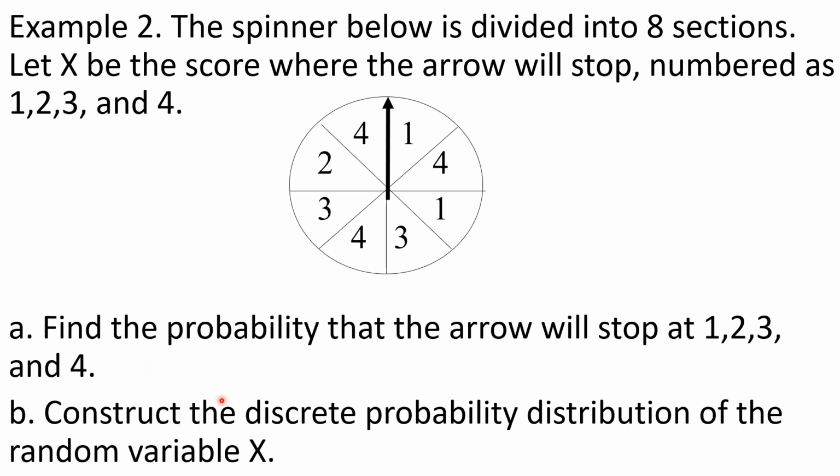B. Construct the discrete probability distribution of the random variable x. So this is the given spinner in example 2. We are asked to solve for the probability that the arrow will stop at 1, and then at 2, then at 3, and lastly, the probability that the arrow will stop at 4.